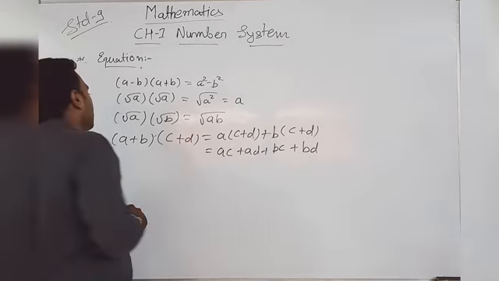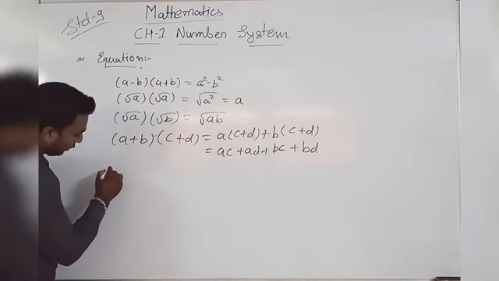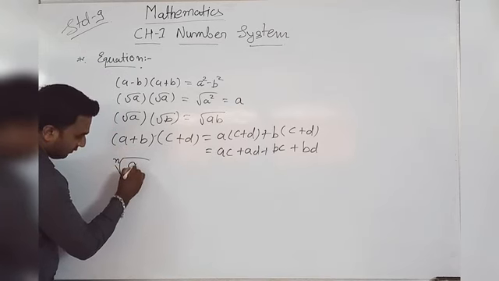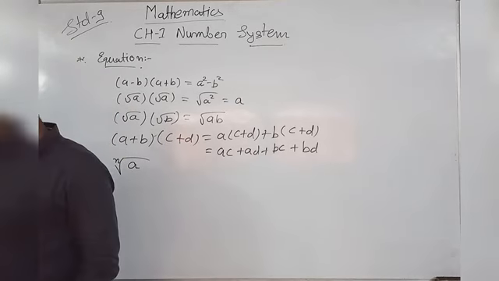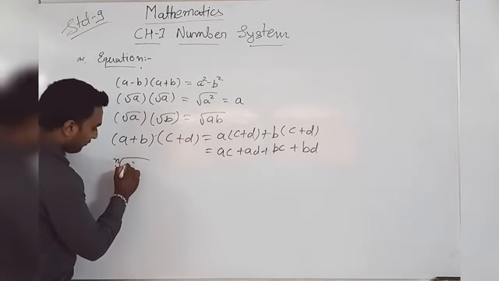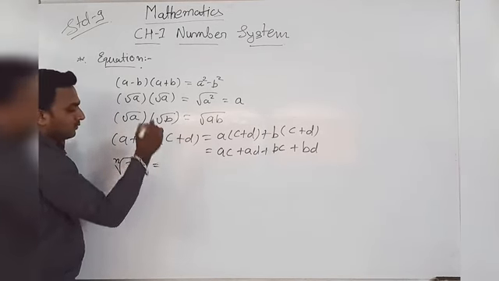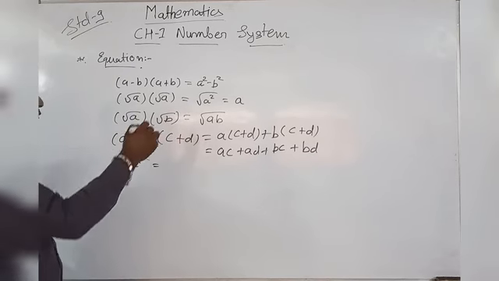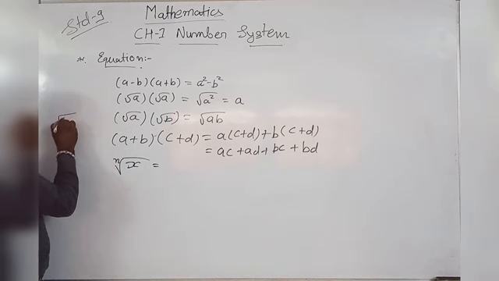Now next, suppose you want to do the n root of A. Clear? Then how can you do it? What will be your answer? Suppose I want to do the square root of 4.